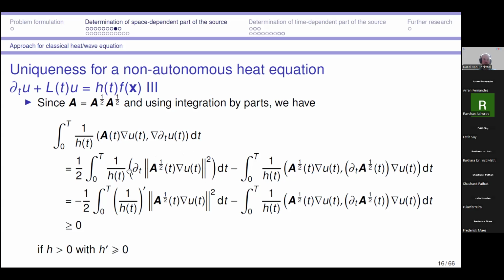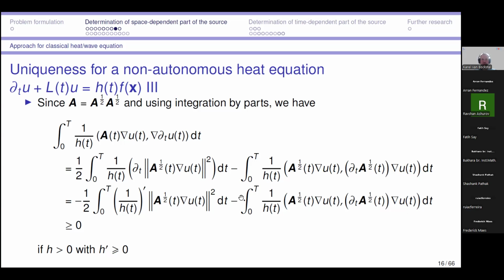So we get a minus sign, we get the derivative of 1 over h, and the L2 norm of A^{1/2} acting on the gradient of u to the power of 2. Here we assume h is strictly positive. Here you see the condition of the previous slide, so this is negative.